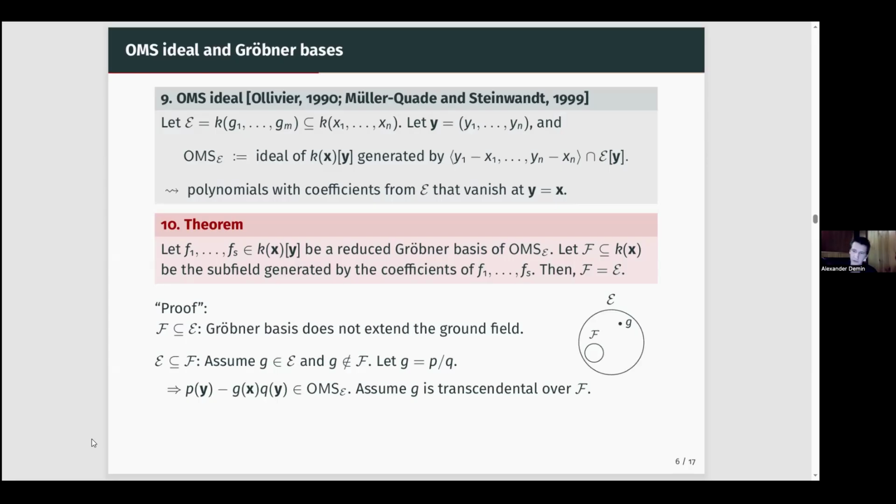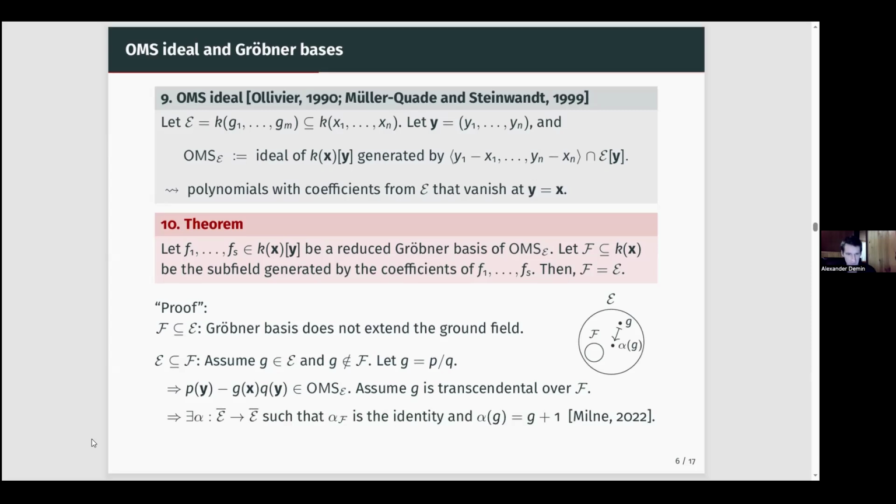If it's not, we can also work the proof out, but it will be quite a bit longer, and we will need to carefully treat the non-zero characteristic case. For now, let's assume that g is transcendental. Then we know there exists an automorphism of algebraic closures that leaves calligraphic F the same but slightly moves g.